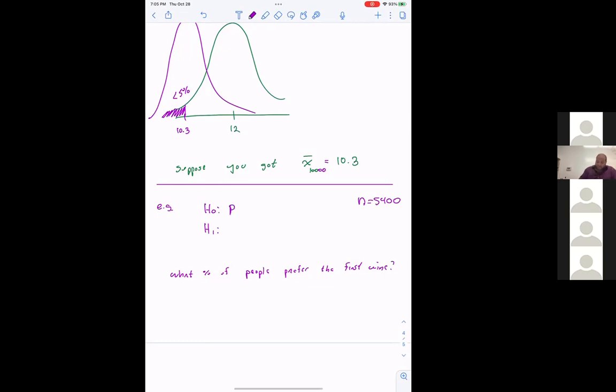So the underlying hypothesis is that P, the true percentage of people who prefer the first wine, is 50%. And we're testing to see whether there's a difference.